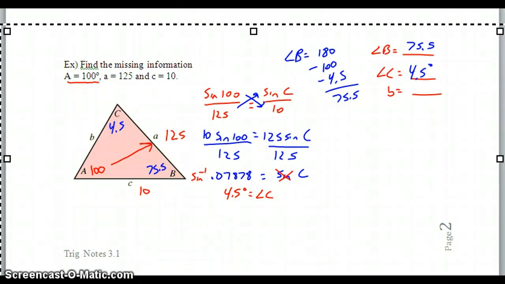And now you can find side B by setting up another proportion here. We'll use the sine of 100 over 125. Again, I'm using that because that's what I was given. Neither one of these are rounded answers. Set it equal then to the sine of 75.5 over B. Cross multiply.